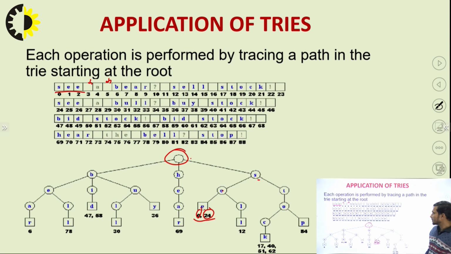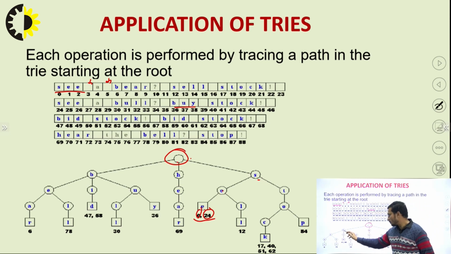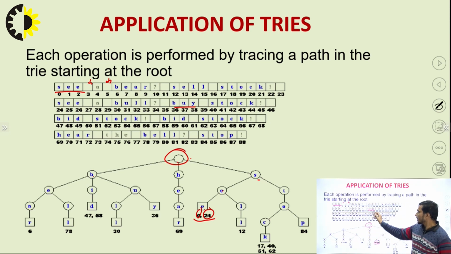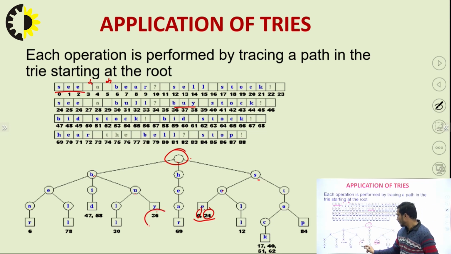And take the word by. From this root node we will have B here, then U here and Y here, and the value associated with this by is 36, which indicates that it is available at index 36.